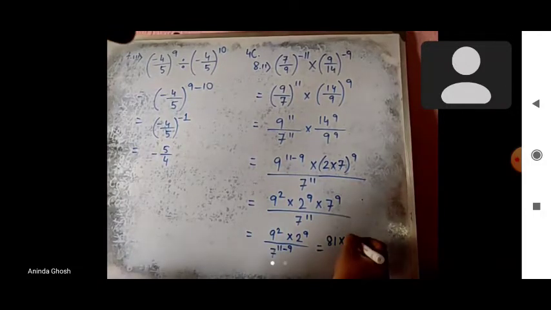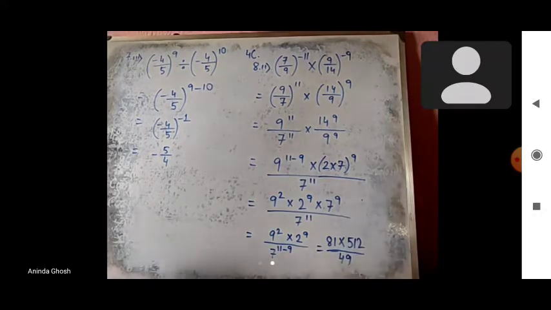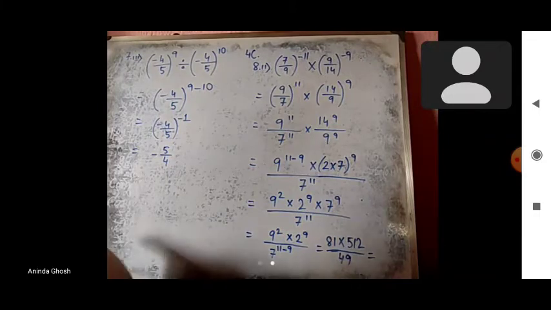So 9 square means 81. 2 to the power 9 means 512 and 7 square means 49. So we can't cancel out this numerator and denominator part, so we just multiply.